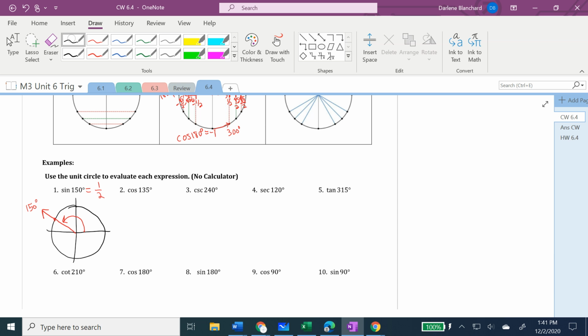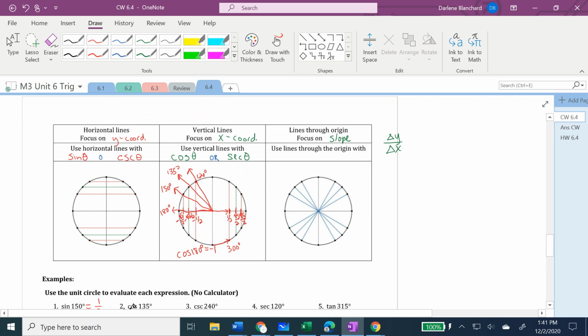For the cosine of 135 degrees, 135 degrees is an angle that takes you halfway into quadrant 2. Cosine is the x-coordinate of that point.